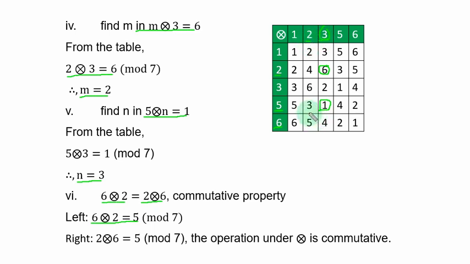Their meeting point is 5. From the right, 2 times 6 is equal to 5 as well. So this is 2, the row element, and 6, the column element. Their meeting point is also 5. This shows that the operation is commutative.